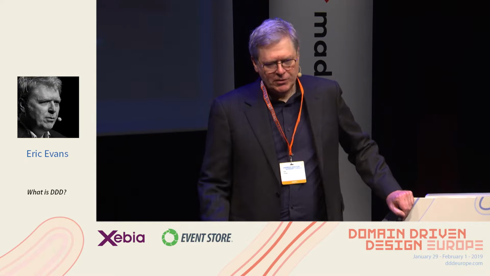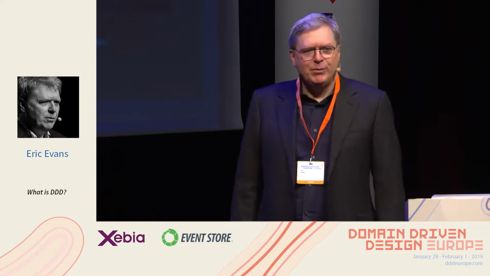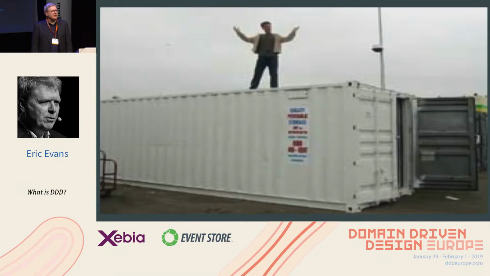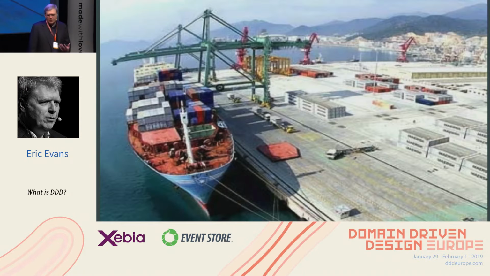So mostly in this talk, I'll go through this. The example is from a domain of container shipping. This is for bulk cargo transport, and most people are at least a little bit familiar with this. Almost all bulk cargo these days is loaded into containers like this one, and then put onto ships like this to go across the ocean, transferred in ports like this, to go onto other ships or onto trains.